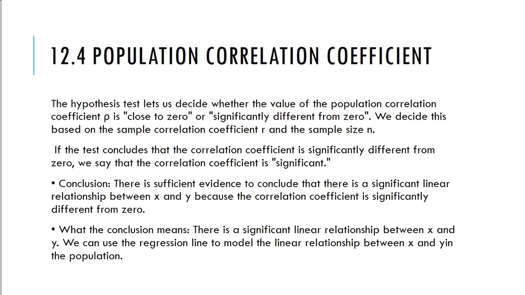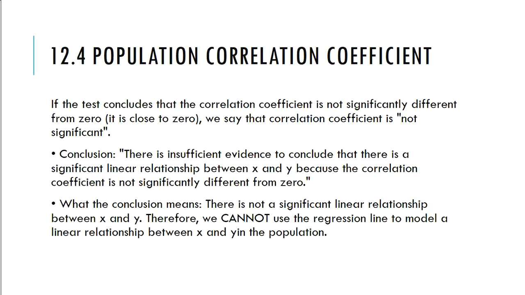We can use the regression line model between X and Y to estimate our population. If the test concludes that the correlation coefficient is not significantly different from zero, say it's really close to zero, we can say that the correlation coefficient is not significant.